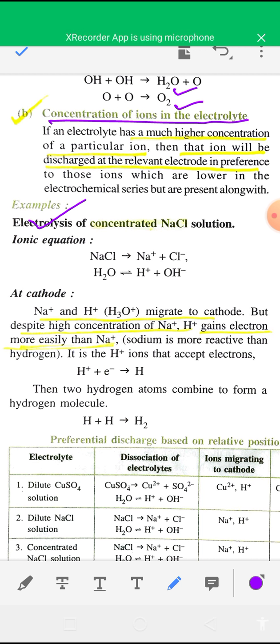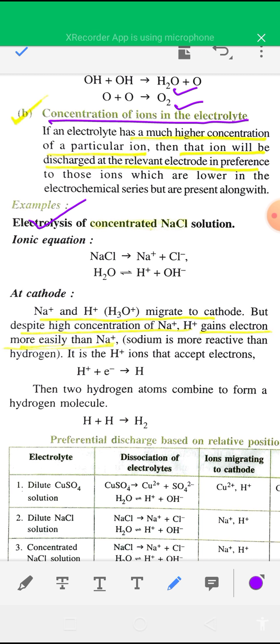Remember that if an electrolyte has a much higher concentration of a particular ion, then that ion will discharge at the relevant electrode in preference to those ions which are lower in the electrochemical series but are present along with it.